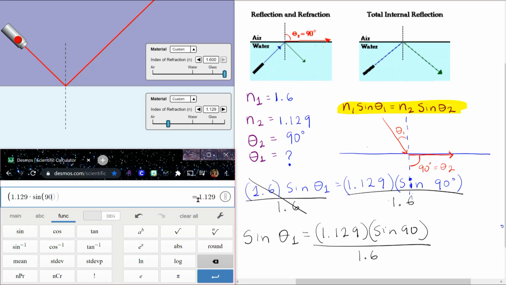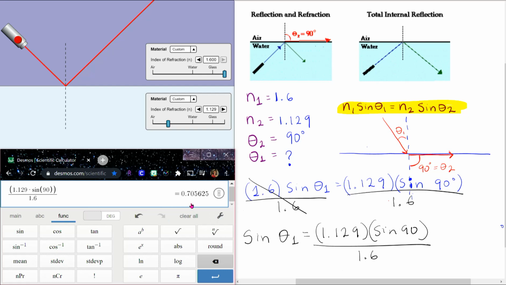Here you see just the top part of the multiplication is 1.129. If you switch to radians, you get a totally different answer. So be very careful. It has to be in degrees. Now that divided by 1.6. So it's 0.705. Do not round. Leave the long number.